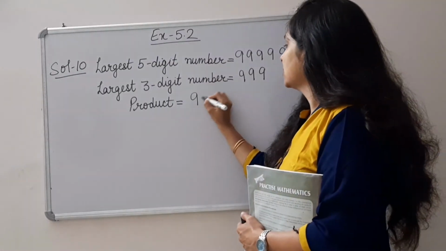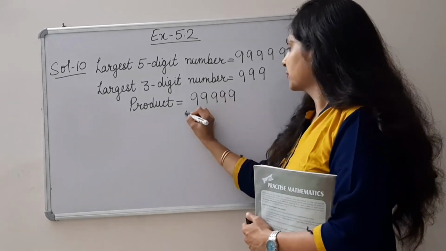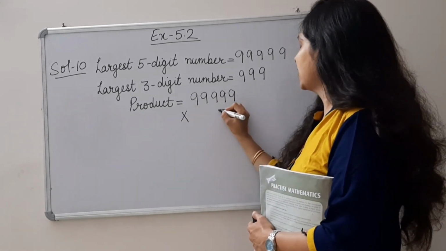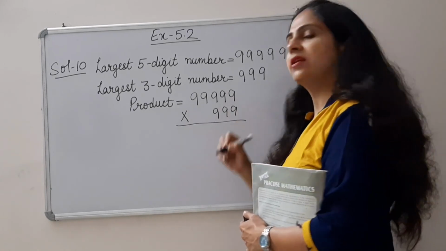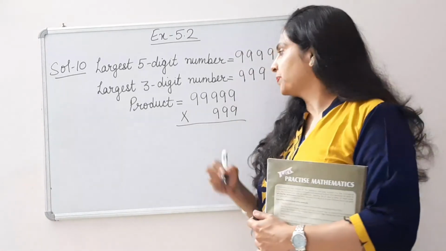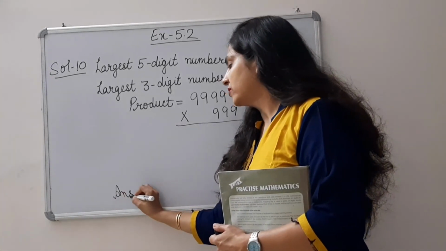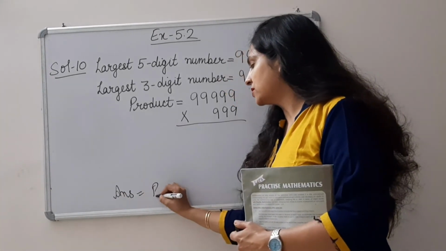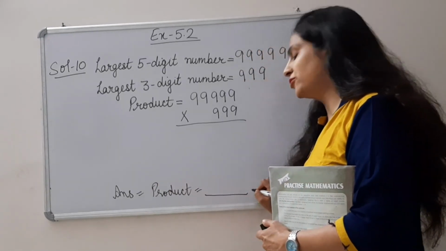Now we have to multiply 99,999 by 999. Now you will multiply these numbers and you will get the answer. That is, product is equal to dash, which you are going to find out.